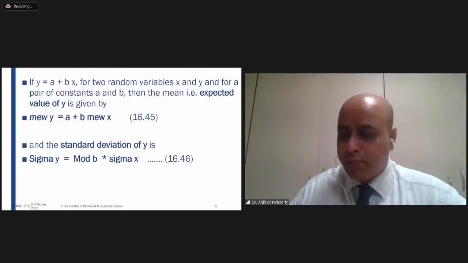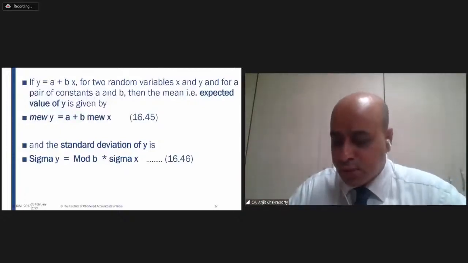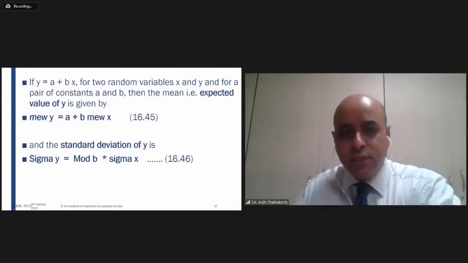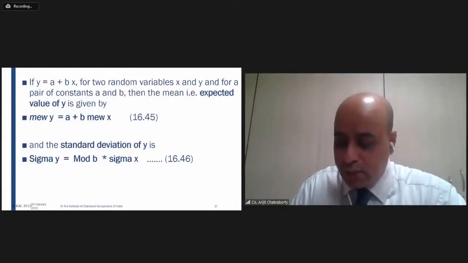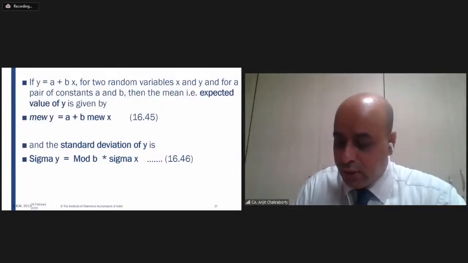I am also having a piece of paper, and I'm writing the important formulas, so it helps me when we solve the problems. We will be able to refer to the formula. The first formula is mu y is equal to a plus b into mu x. And the second formula is sigma y is equal to mod b into sigma x.